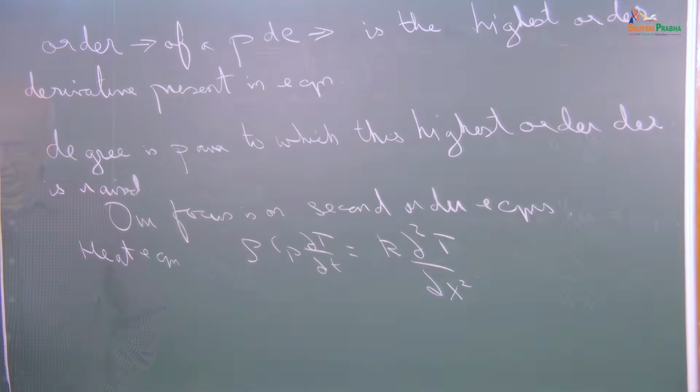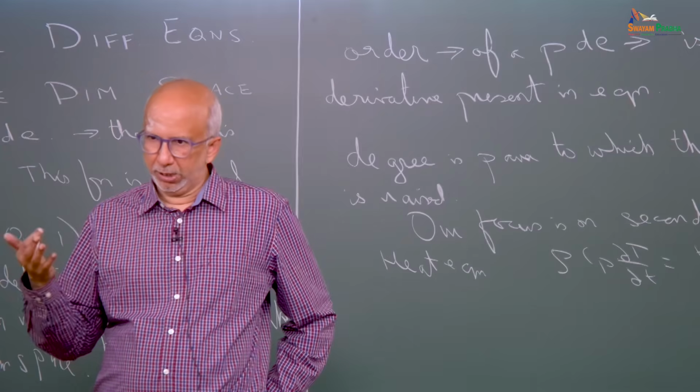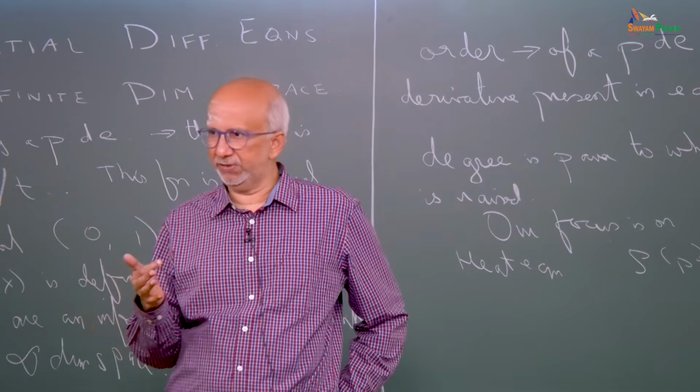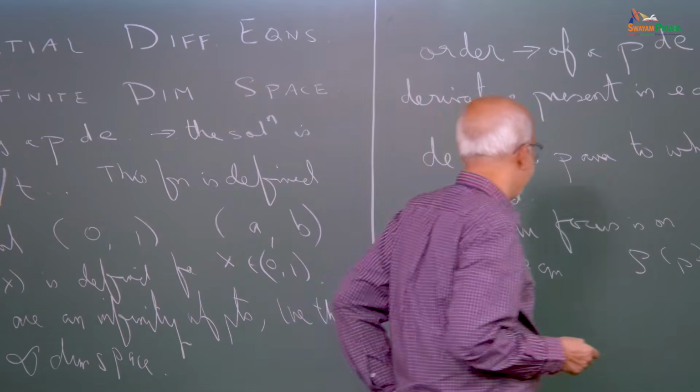Whenever you have something like thermal conduction, or diffusion in mass transfer, that is also going to give you a second order equation. In momentum you have the viscous term which is second order. So all of these are second order, and we are just going to look at second order equations.